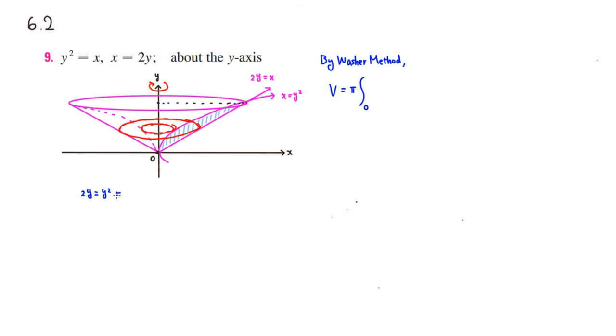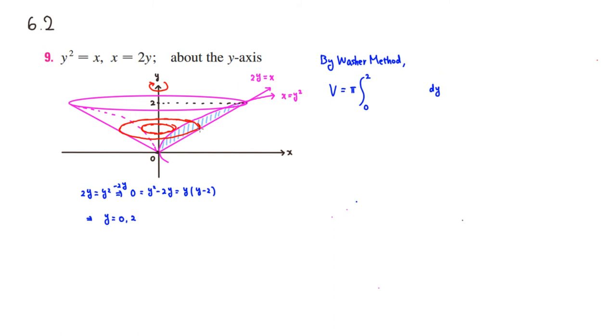Subtracting 2y, 0 is equal to y squared minus 2y. Factor out y, so y times y minus 2, which tells us the intersection y values are 0 and 2. So the upper limit is 2, and we integrate with respect to y, so you have a dy.